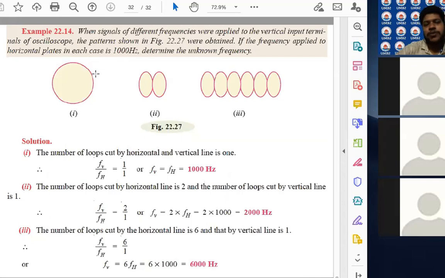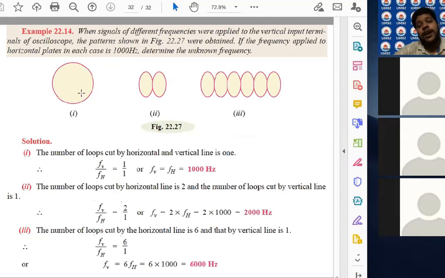It is crossing 1 loop, crossing 1 loop. So FV by FH is 1 by 1, and so FV is equal to FH, and FH is already 1000 hertz.